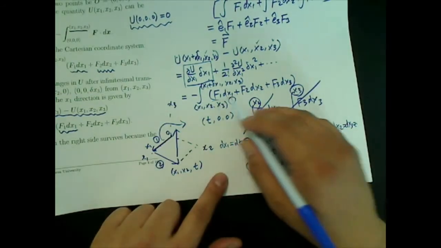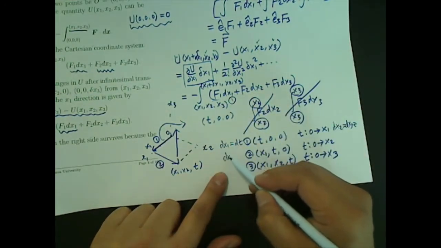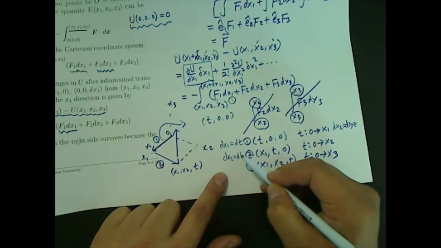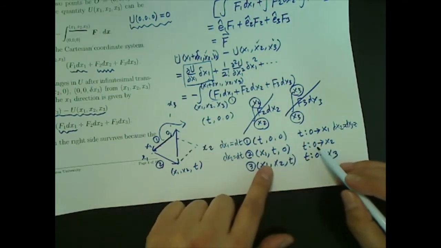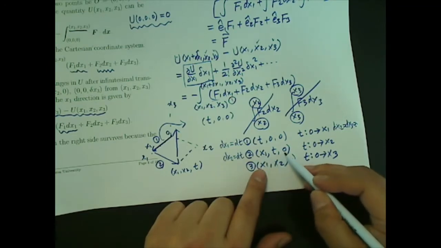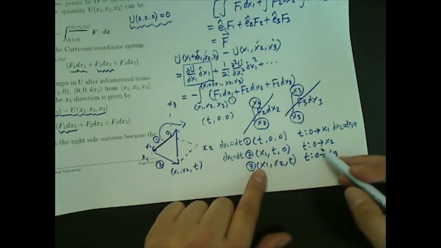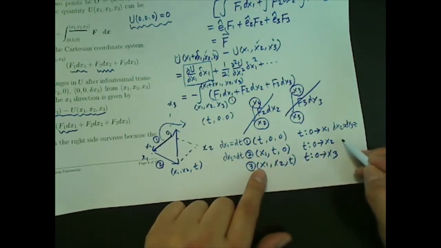Among these integrals, dx2 equals dt, and t runs from 0 to x2, and these two values are fixed. Thus we have dx1 equals dx3 equals 0.